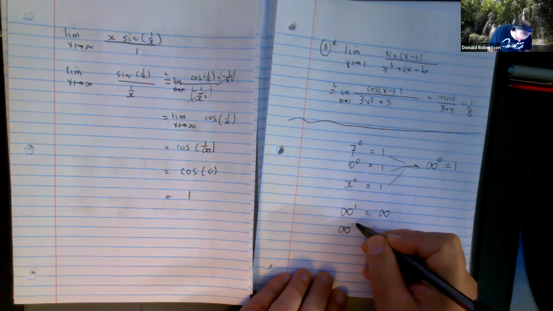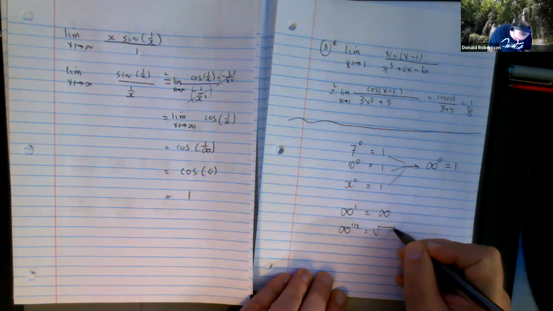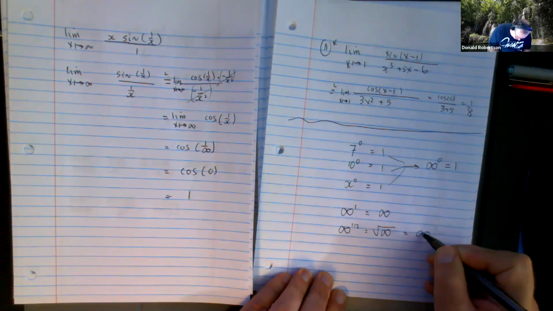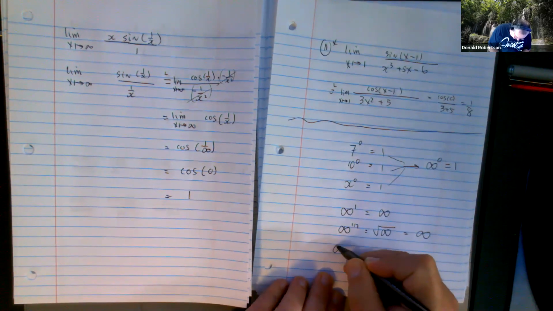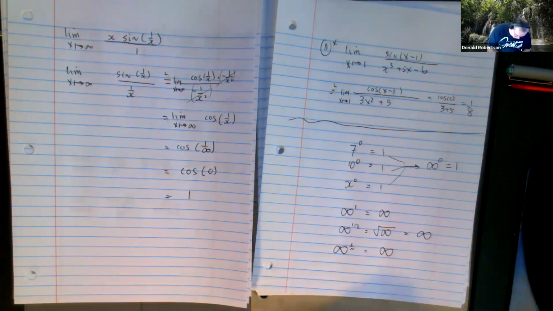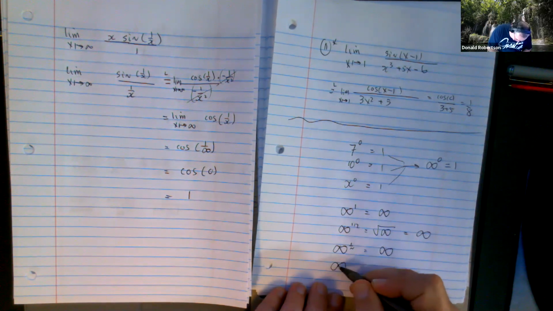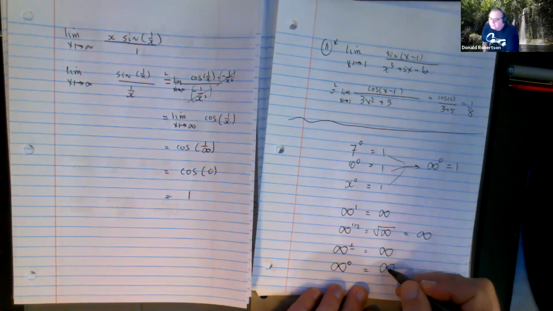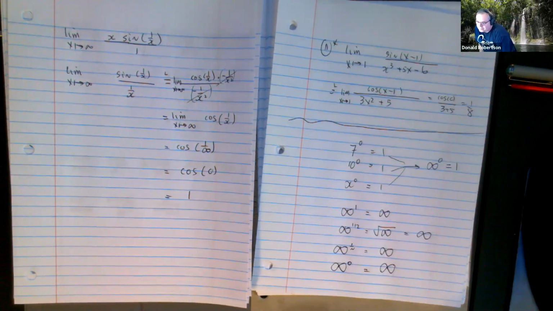Infinity to the power of half, which is just the square root of infinity, is still infinity. Isn't infinity to the power of any fraction still infinite? So shouldn't infinity to the power of any number still be infinity? So if you approach it from that direction, it's infinity.